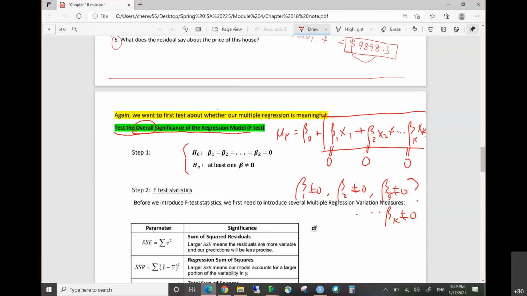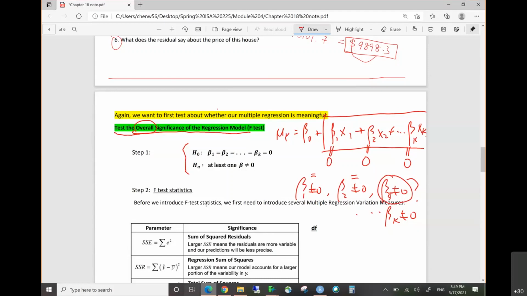Maybe beta 1 is 0, beta 2 is 0, but beta 3 is not 0. Then the whole regression is still meaningful. There is some explanatory variable that has a relationship with the response variable.